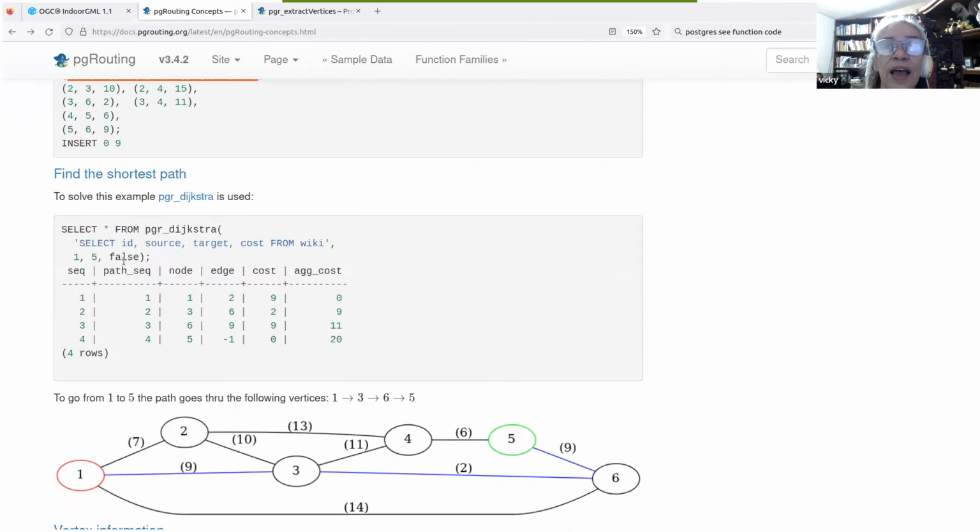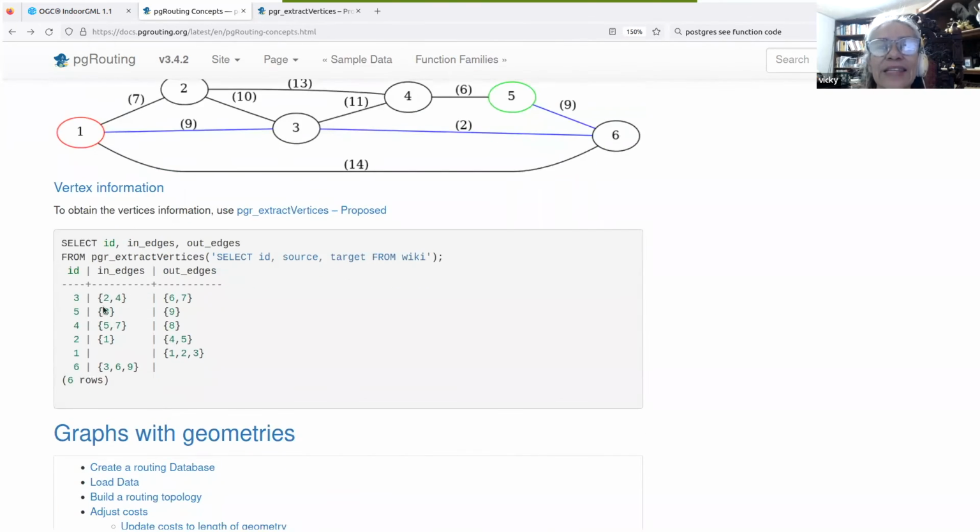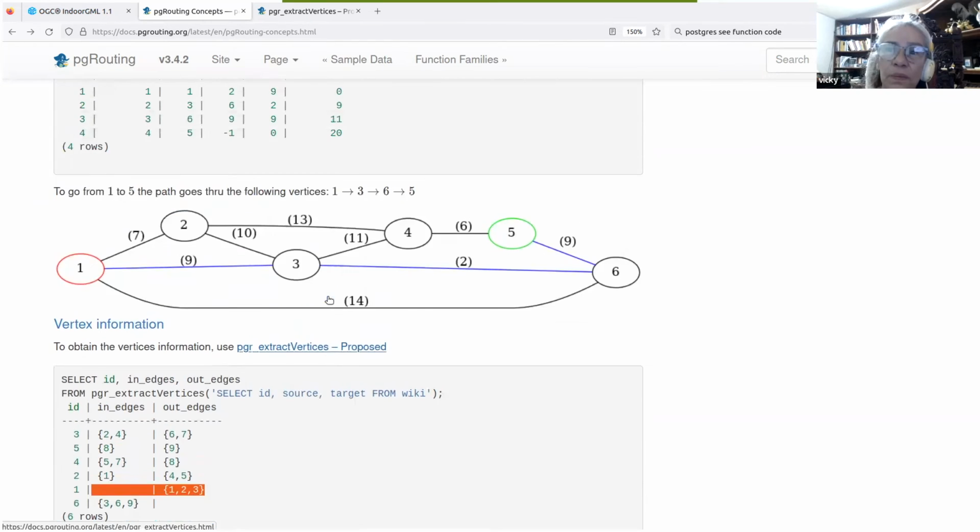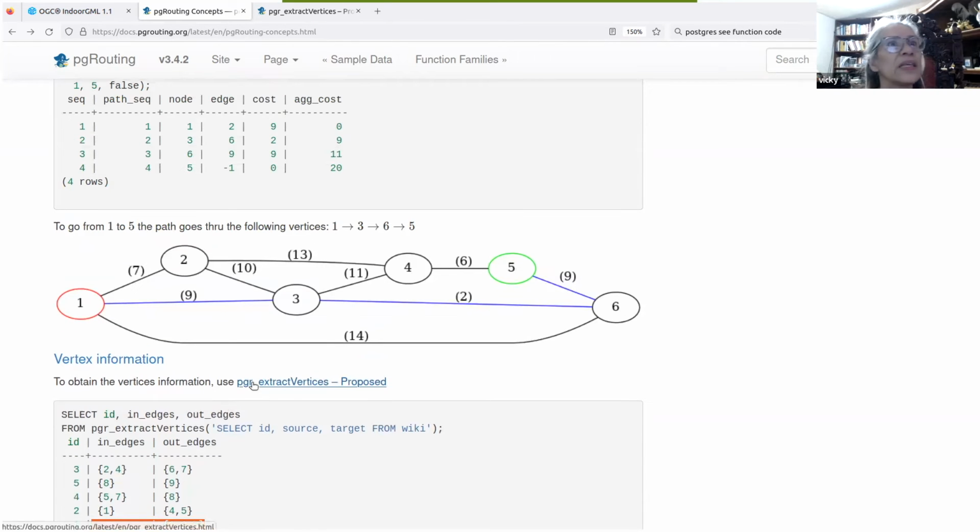But because I'm saying here false, the adjacent vertices are going to be 1, 2, and 3. There is no concept of in edges and out edges when it's undirected. It's only in edges. So let's see this new function.